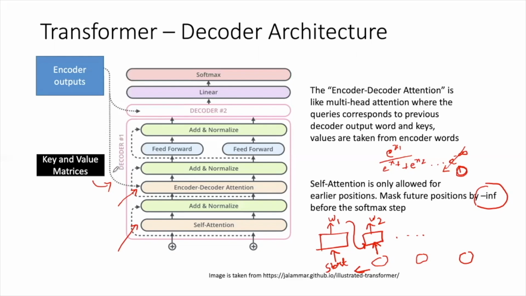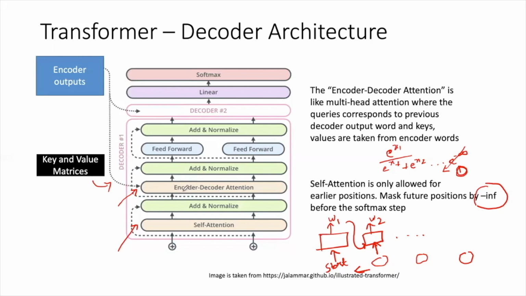Once you generate the keys and values, they are used to calculate this encoder-decoder attention. Previously, in the self-attention block, we had all the query, key and value vectors for each word in our input. Here we don't do that. We have the query vectors only for the decoder words, and the key and value vectors are from the encoder outputs.